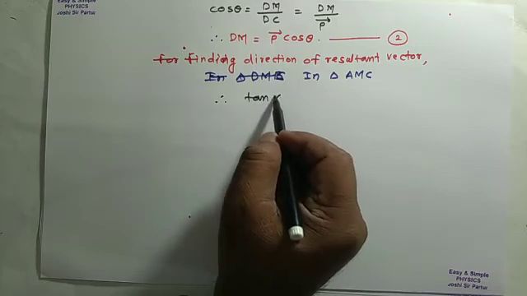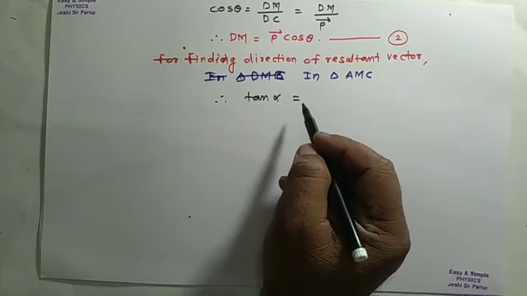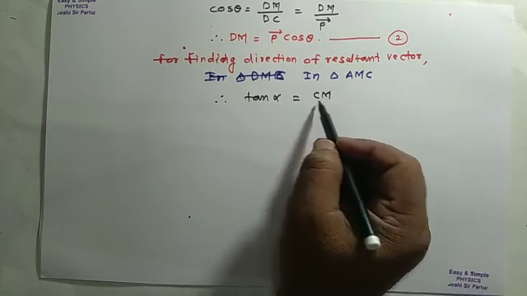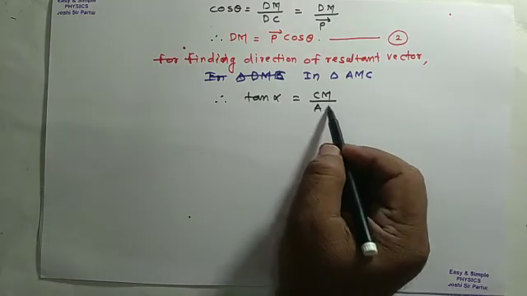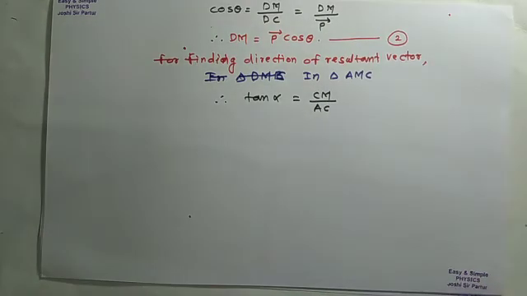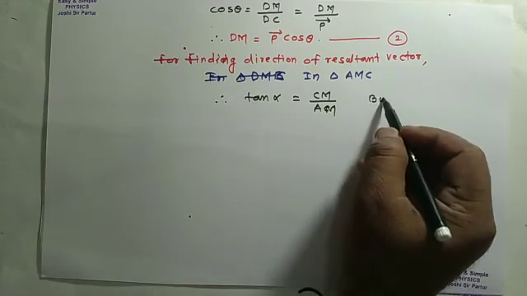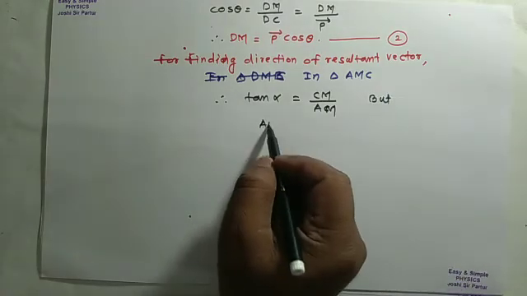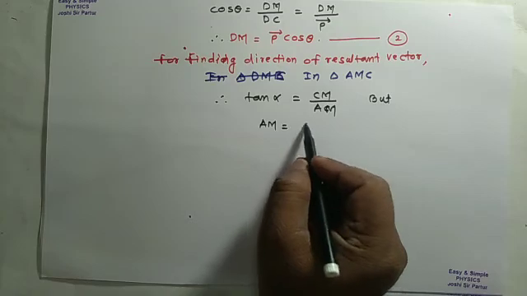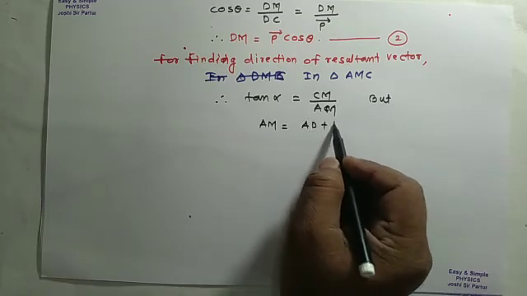Tan of alpha is equal to CM upon AM. But AM is equal to AD plus DM.